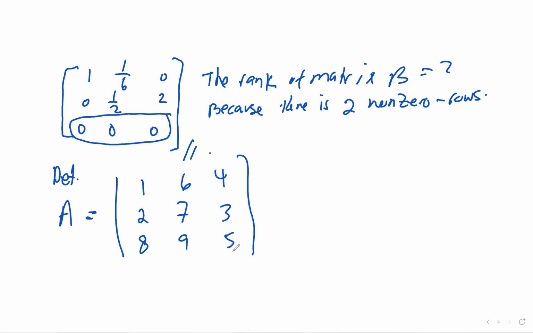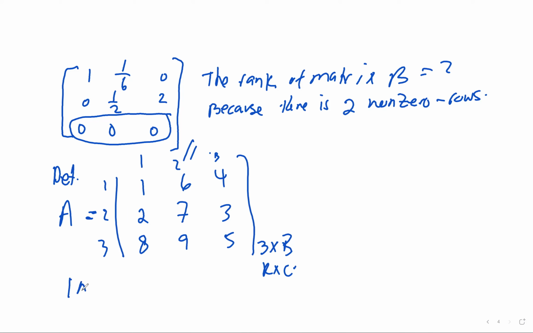So 3 rows and 3 columns, 1, 2, 3. So we have 3 by 3, rows times columns. Now, usually what they do is block the paper on this side, on this row and this column, and then calculate the determinant of what is left times the coefficient here.